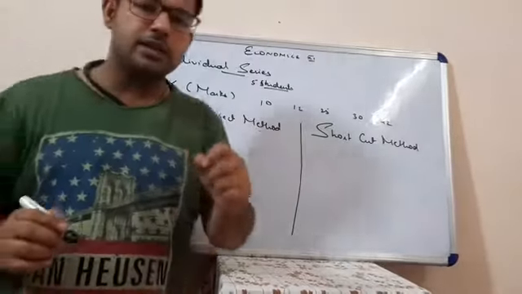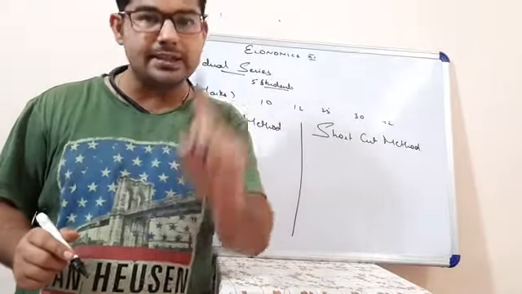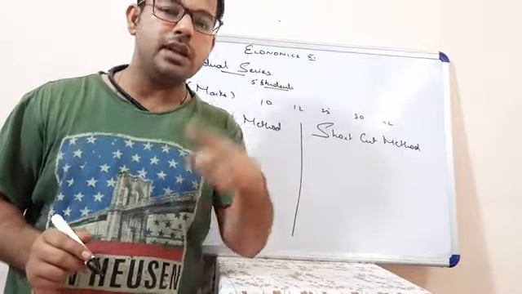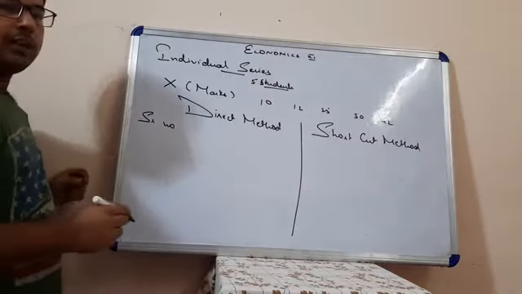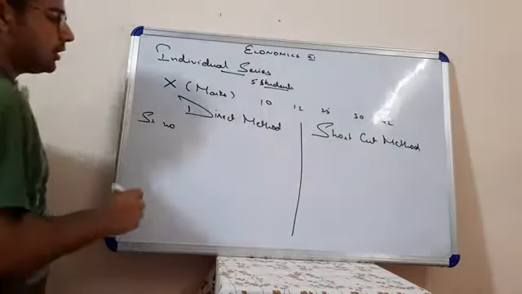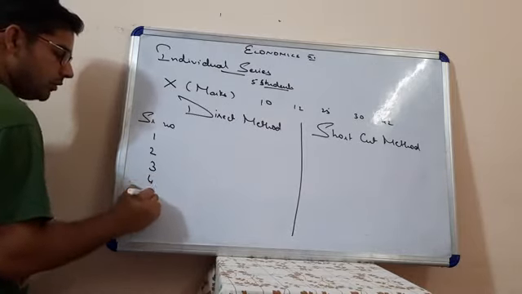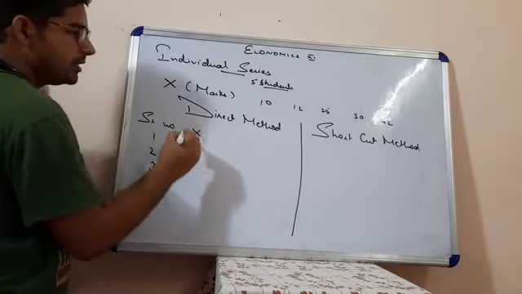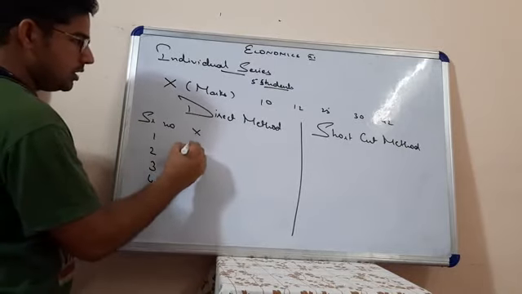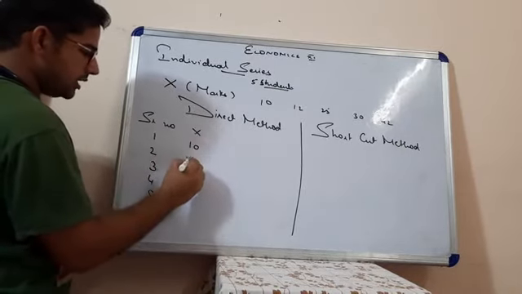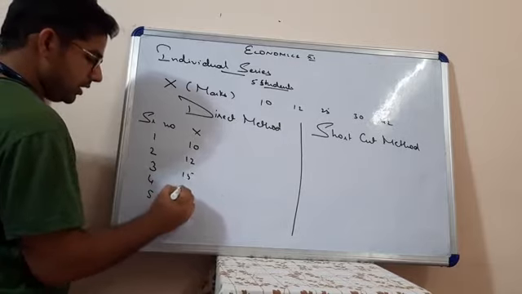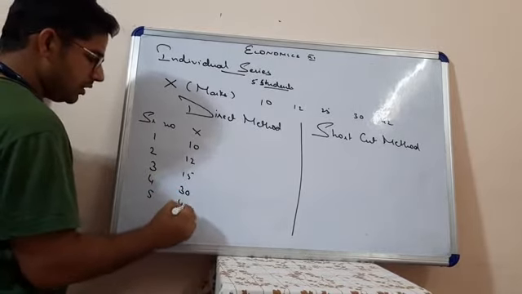Please make this very clear: it is not necessary, but if you make it in ascending order, it will be helpful for you while doing the shortcut method. So 1, 2, 3, 4, 5, and we have the x. It is already in ascending order: 10, 12, 15, 30 and 42.